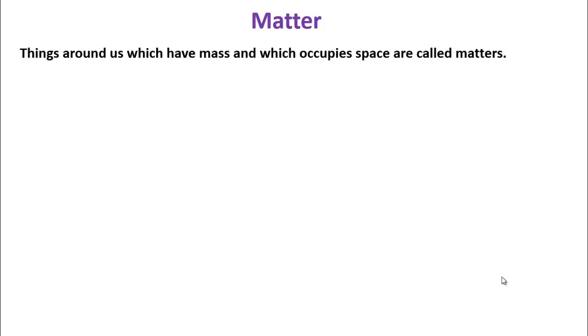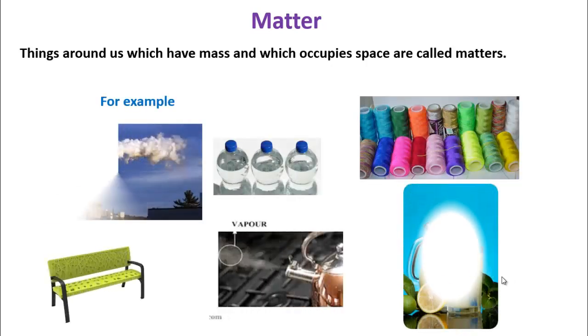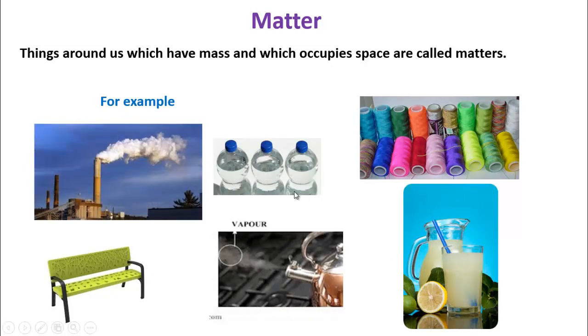So we can give many examples, such as follow here: water, thread, any juice, water vapor, gaseous substance, chair, table, books, etc. That is, things which have a mass and which occupy some space can all be examples of matter.